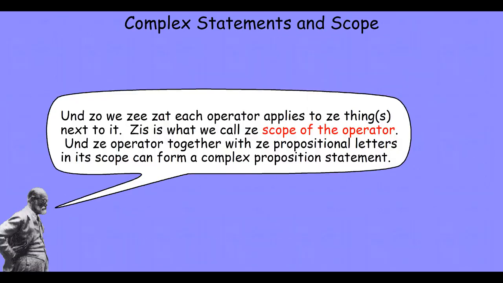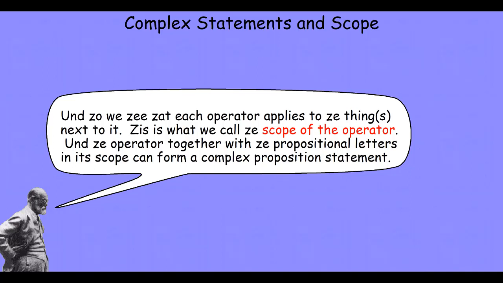Now, in order for us to get a much more powerful logical language, we have to introduce a grammar. By introducing this very simple grammar based on scope, it allows us to have a potentially infinite number of statements and arguments that we can formulate and evaluate in our logic.